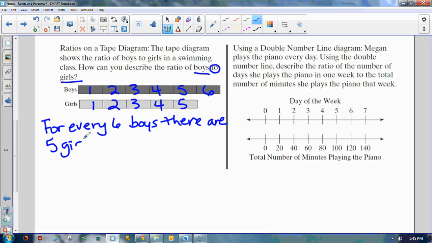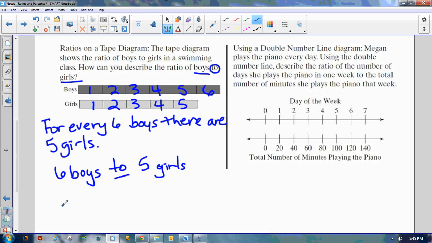So this is describing what we're seeing in this tape diagram. Now, to write that ratio, we're going to say 6 boys, and we're going to keep our labels to 5 girls because they do tell us what these values mean, so we need to keep those labels with them.